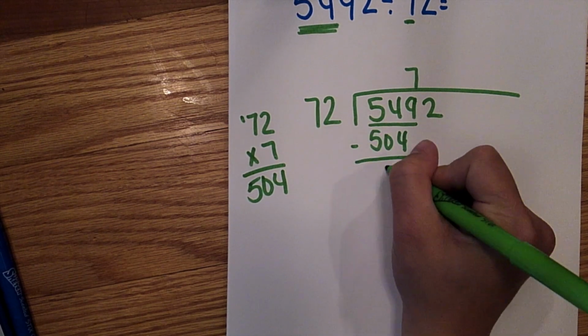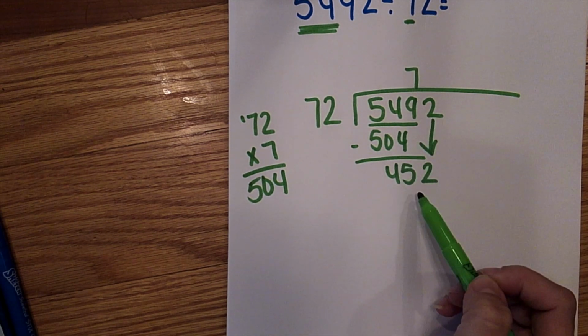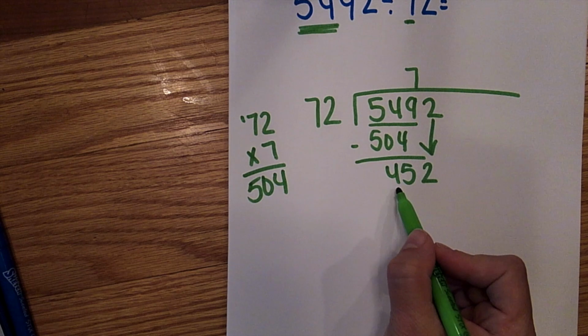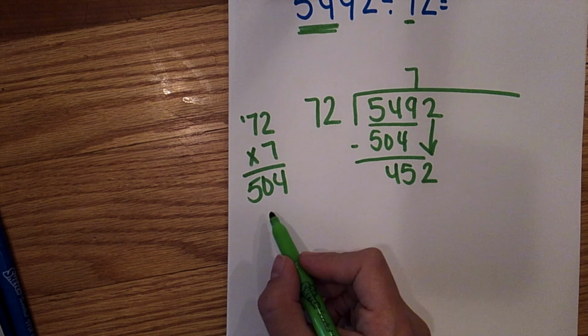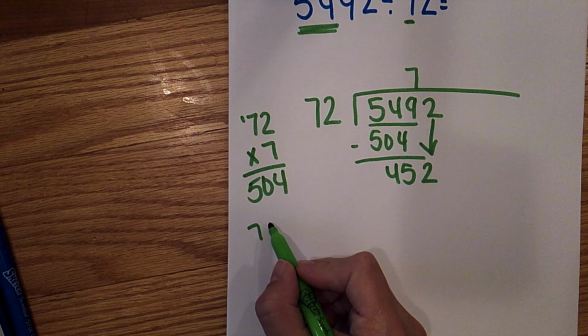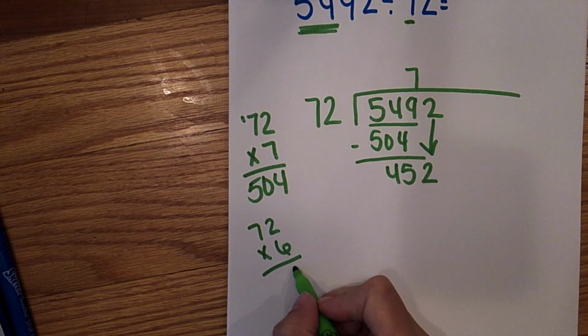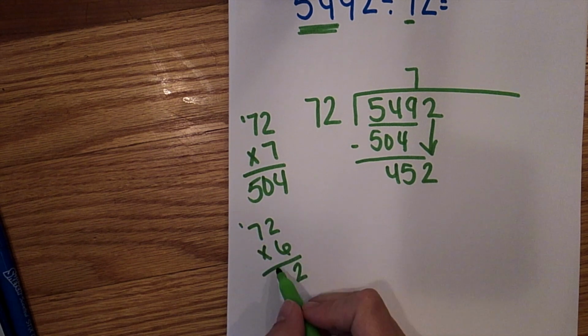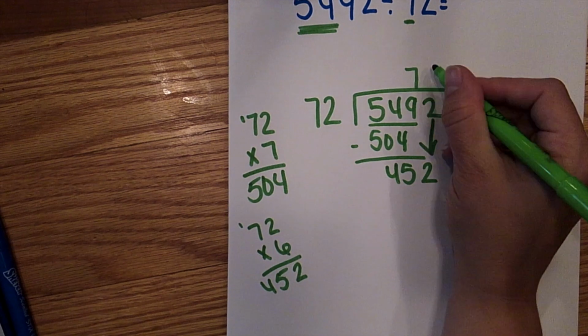I'm going to follow through with my subtraction and my bringing down. And now I have another good place to start. What times 7 is 45? So let's try 6 times 7 is 42. So that's a good place to start. Let's try 6. Well, look at that. It's exactly the same number.